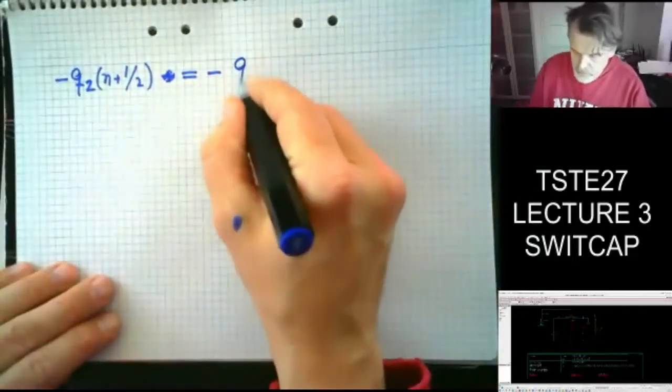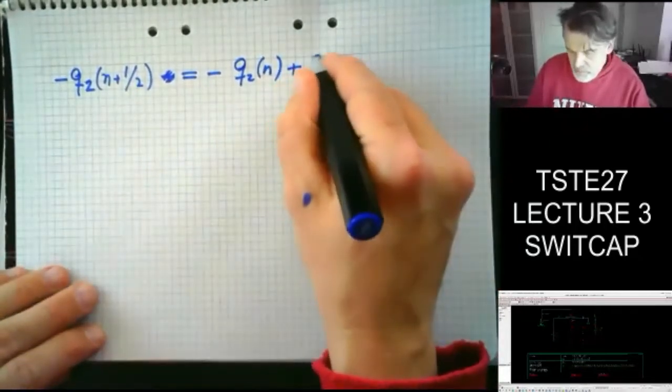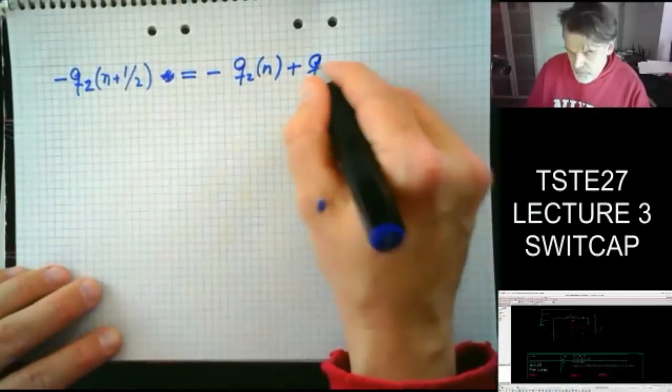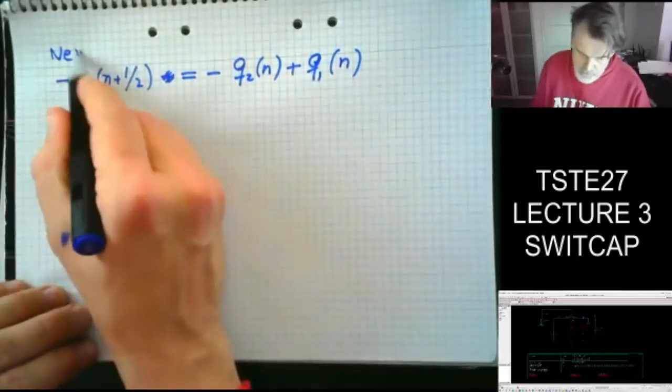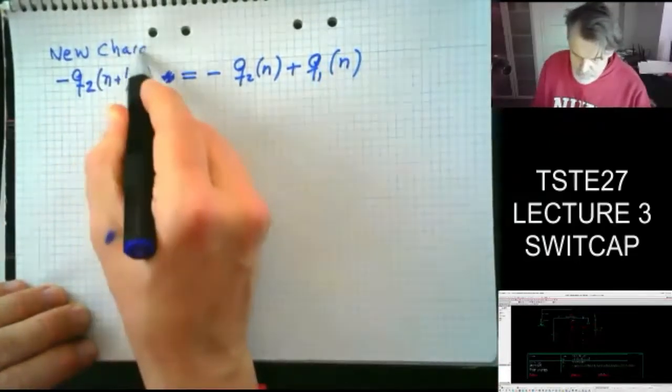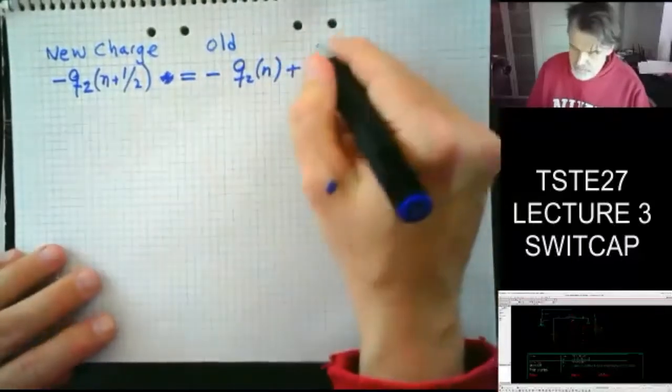So I have Q2 of N plus all the charge that came from Q1 of N. So I have the new charge and the old, and then extra.